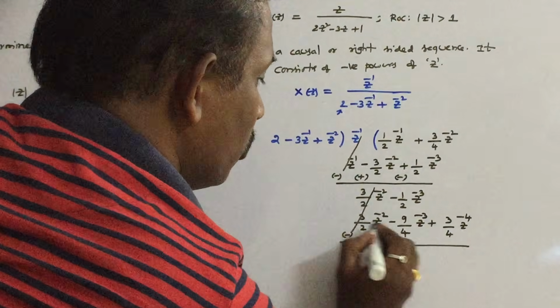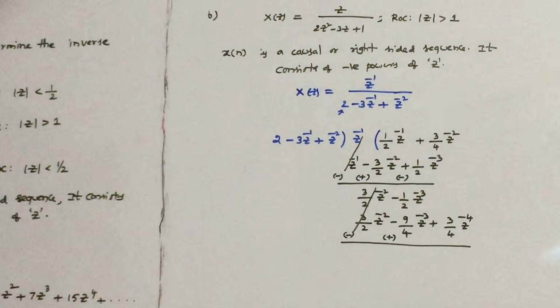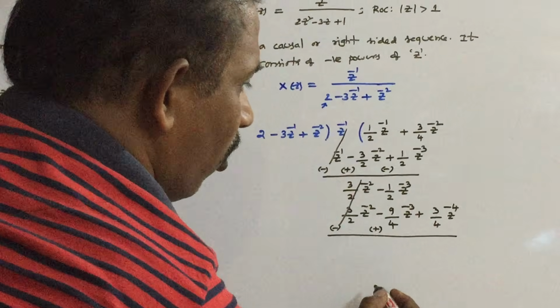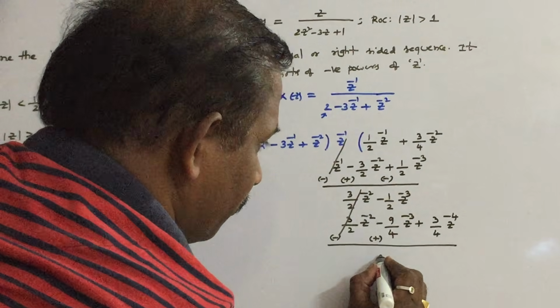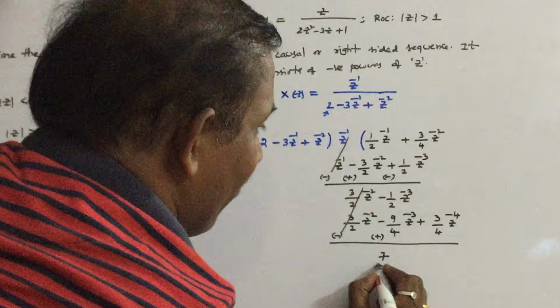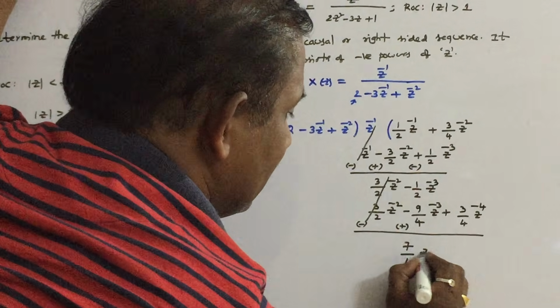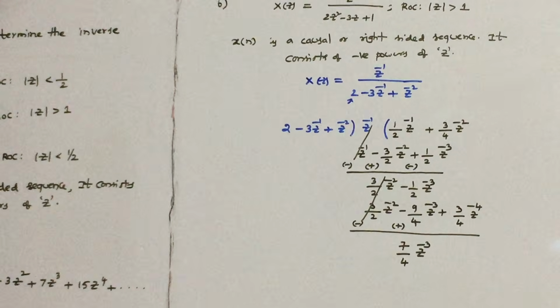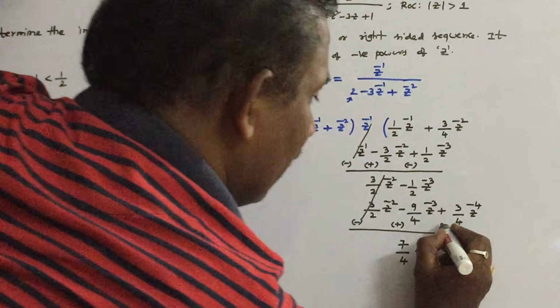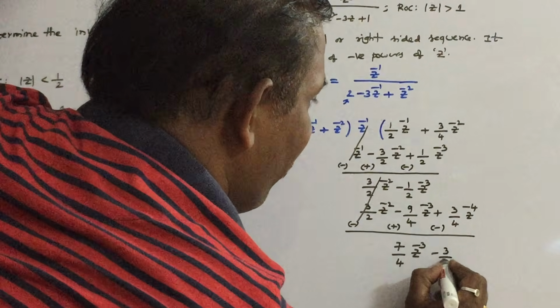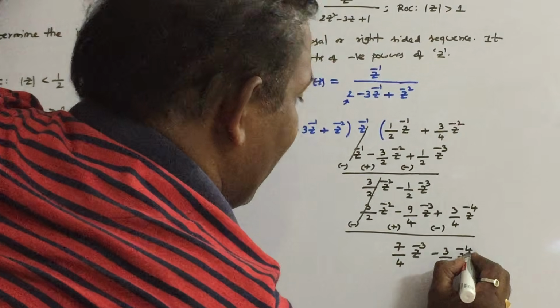So cancel out these two terms. So 9 by 4 minus 1 by 2, you get it as 7 by 4 z power minus 3 minus 3 by 4 z power minus 4.